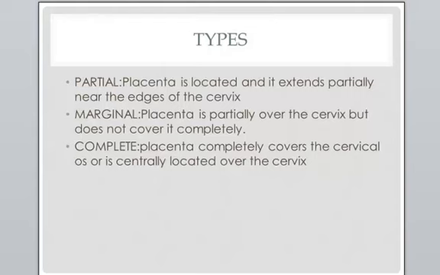In the marginal one, the placenta is over the cervix, but it is not covering it. While the complete one is where the placenta is covering the entire cervix. It is centrally located, covering the entire cervical os. So there is no way the baby can come out. In this type of placenta previa, you have to prepare your patient for cesarean section.